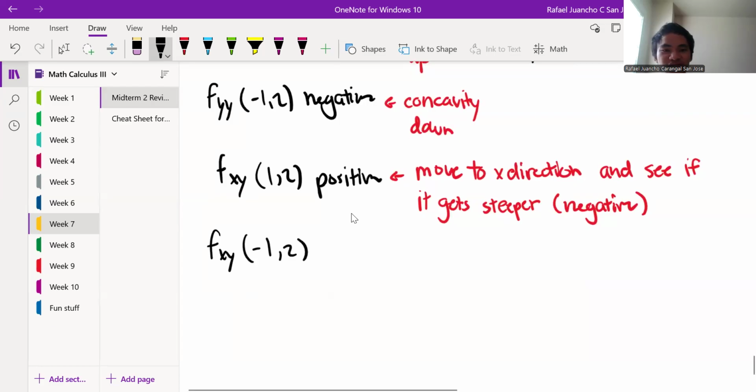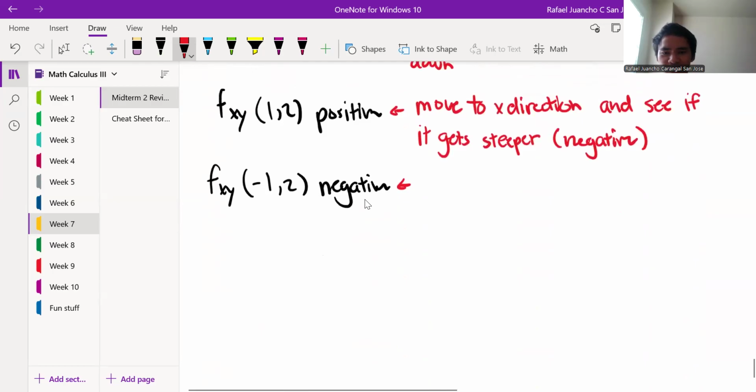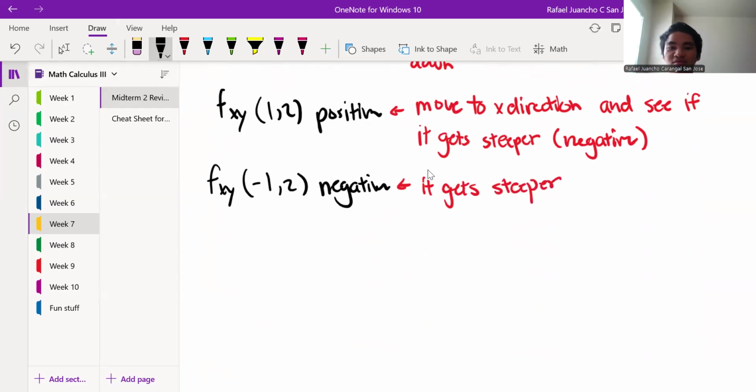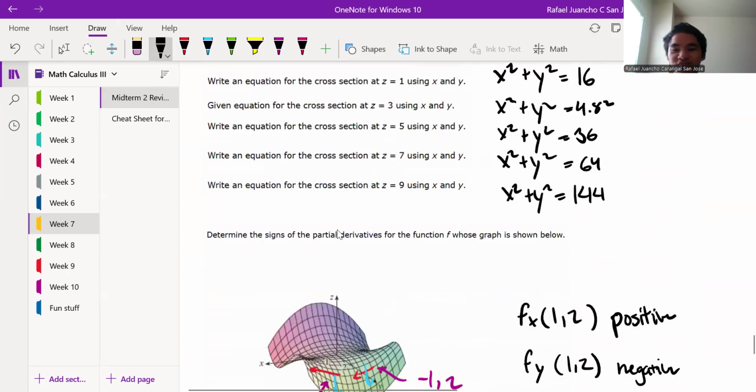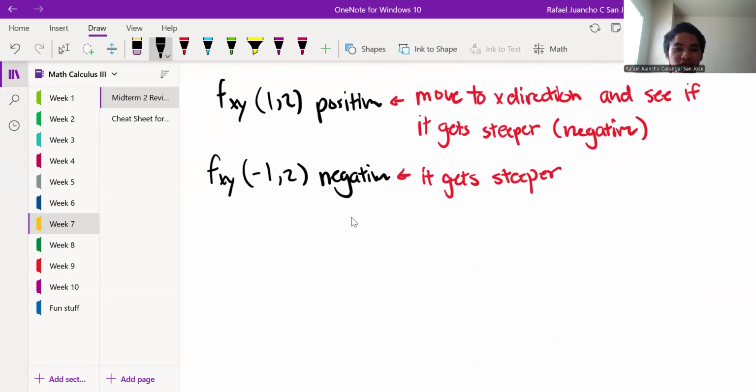It's getting steeper in this case, so this is negative. Because as I move it in the x direction, it's going down. So as it moves in the x direction, it basically gets steeper. It's one of these things where we just try to analyze this stuff. But that's the idea of that.